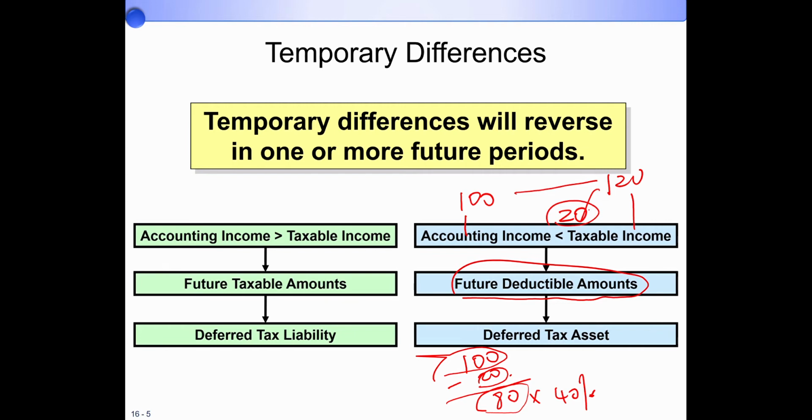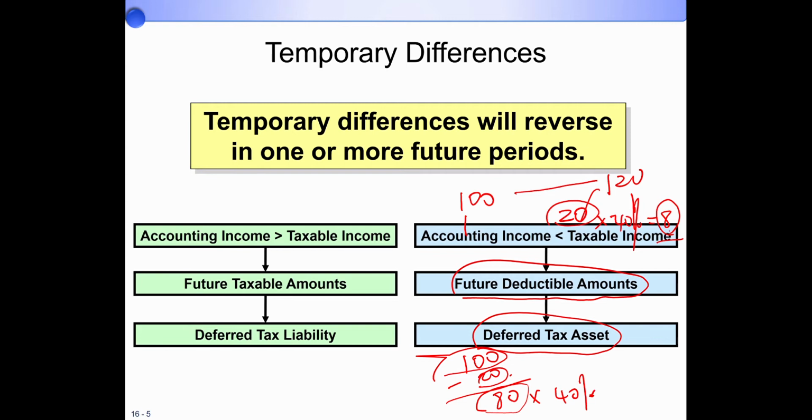So, let's say the future tax rate is 40%, right? So the 20 here, 20 times 40%, you got 8, right? So that 8 is the so-called deferred tax asset. So why do you call it a deferred tax asset? Remember, the 8 here is the future benefit, because in the future you can recognize this benefit.